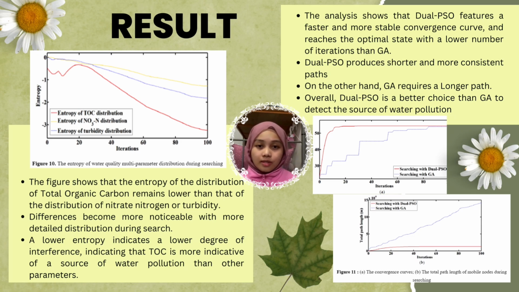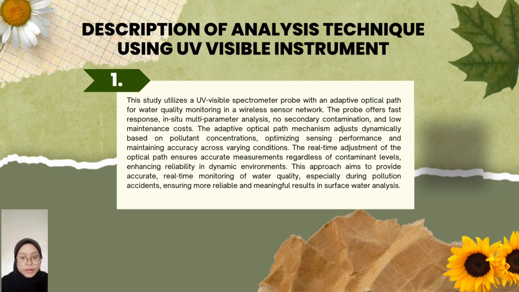This study utilized a UV visible spectrometer probe and adapted optical path for water quality monitoring in a wireless sensor network. The probe offers fast response, in situ multi-parameter analysis, no secondary contaminants, and low maintenance costs. The adapted optical path mechanism adjusts dynamically based on pollutant concentration, optimizing sensing performance and maintaining accuracy across varying conditions.